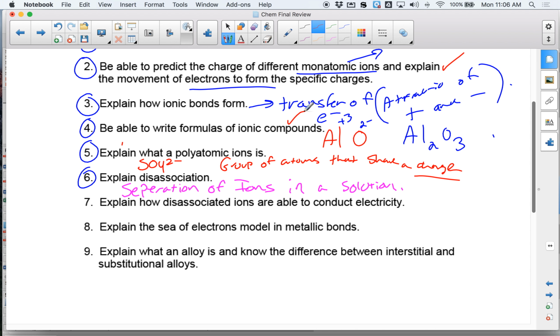So you have to look at the periodic table; it's a -1. And I guarantee I will have something like this where I give you aluminum and oxygen and ask you to write an ionic formula for them. So find the charges, put them down. I just put the check marks right there. 2 and 4.